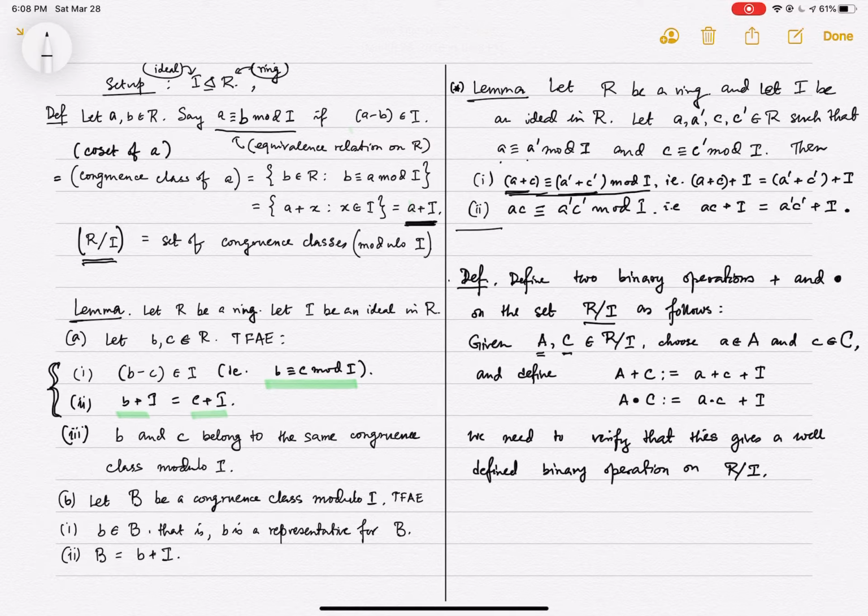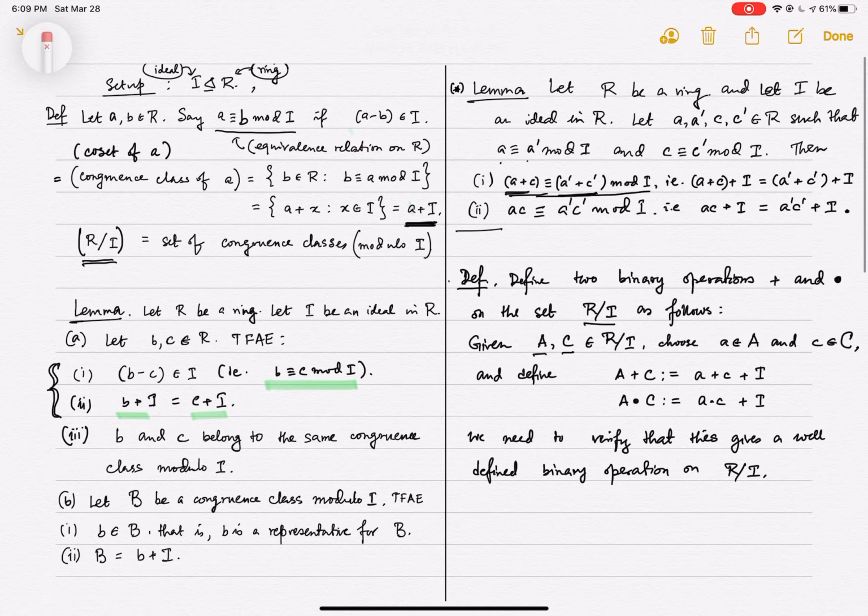What are we saying? You give me two cosets capital A and capital C, all right? And to define their sum, what have I done? I've chosen a little a from capital A and a little c from capital C. And then I just say that the sum of capital A and capital C is little a plus little c plus I, meaning the coset of little a plus little c.